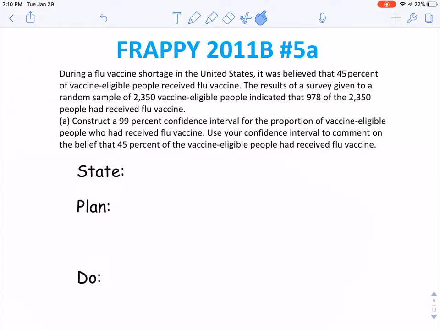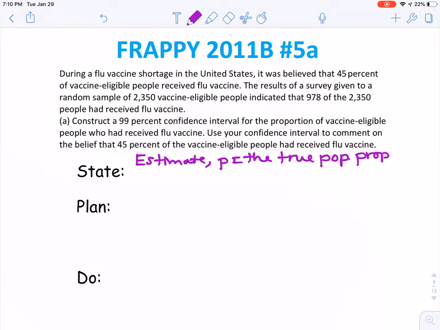Okay, so we're going to start by stating that we are going to estimate p, the true population proportion. Okay, and right here, a lot of times when it says construct a 99% interval for what?